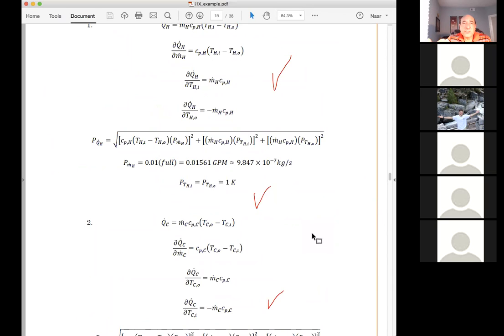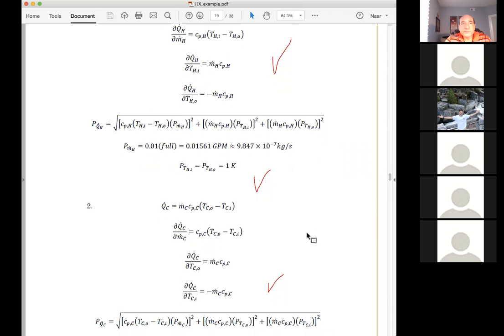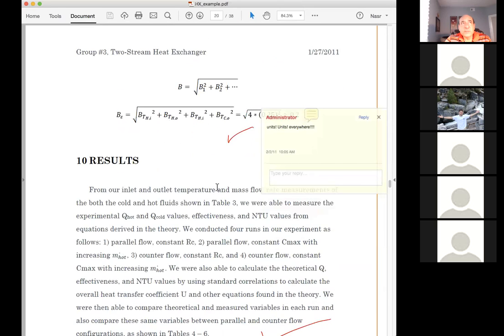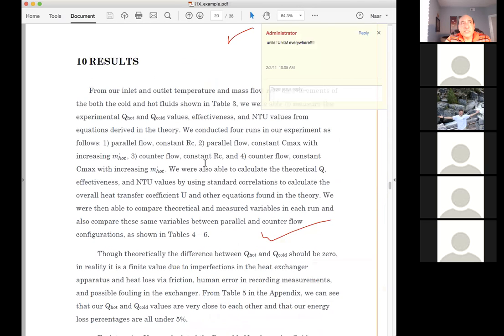Like the mass flow rate, the error is about 2% of the maximum rotameter reading, and the error in the temperature is like 0.2 Kelvin or so. You have those in the manual. And then you propagate them to determine what is the bias error, what is the precision error.